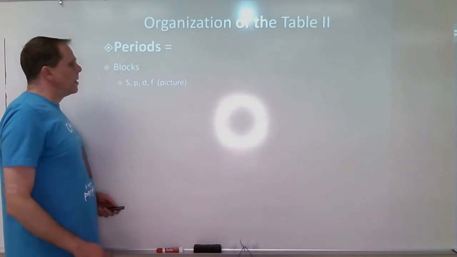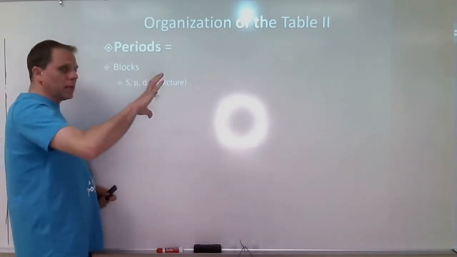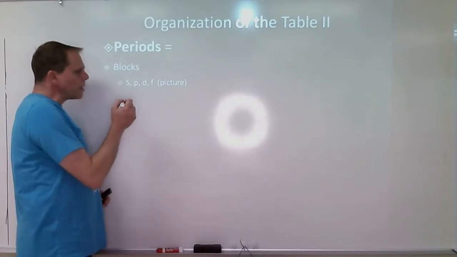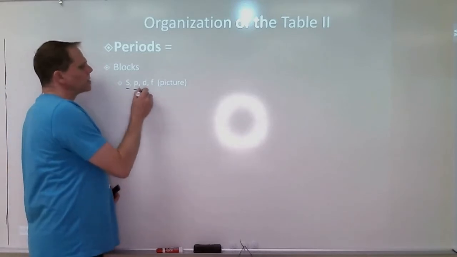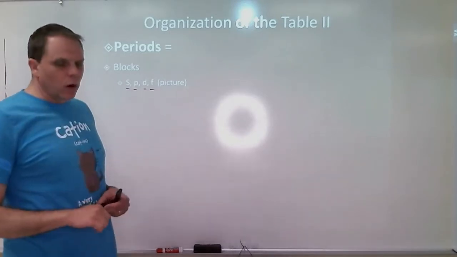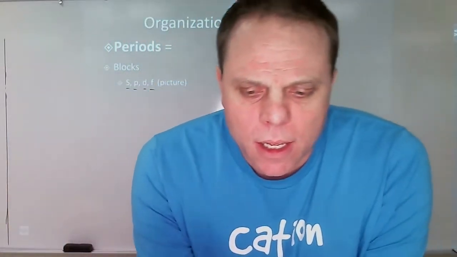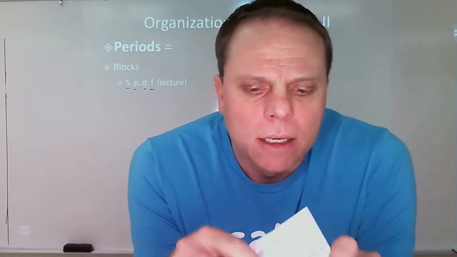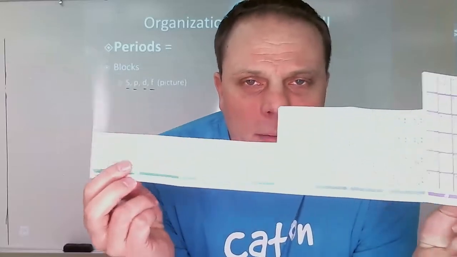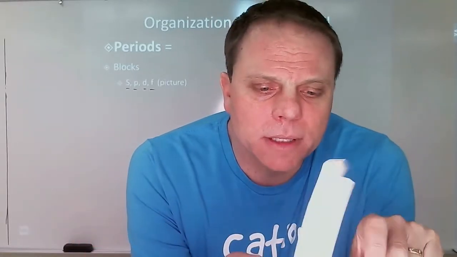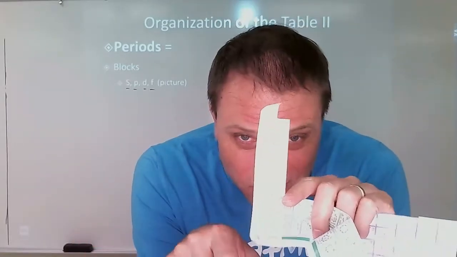All right, our periods. Periods, remember, are going to be the rows, right? And we're going to show you in a picture here how those orbitals that we talked about before, the different shapes that we have for our electrons around the atom, are actually broken down into groups on the periodic table. So that s sublevel right here, just 2 columns.